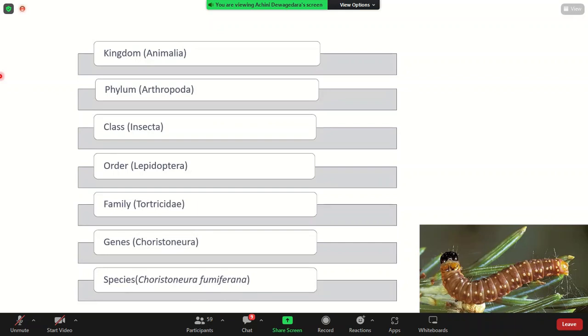We call them jointed legs. They also have compound eyes and a pair of antennae, right? Those are some features of the class Insecta. So what else do you know about the class Insecta?